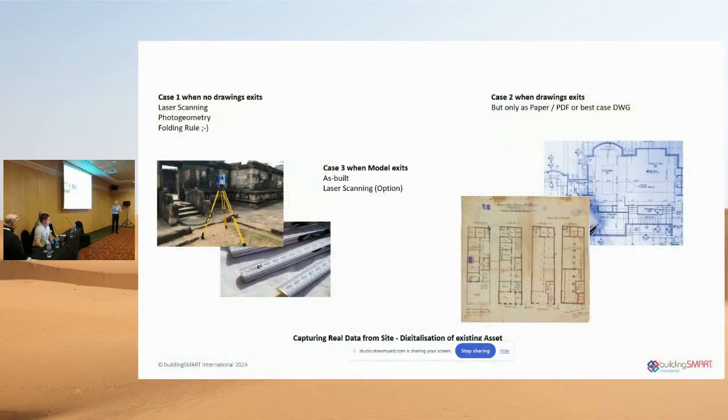So, thank you, Richard. We also need to capture information, and existing building stock is not so easy to digitize. You have to face reality. You may have plans if it's an old house, but if it's a pre-war house, you will not even have any plans.